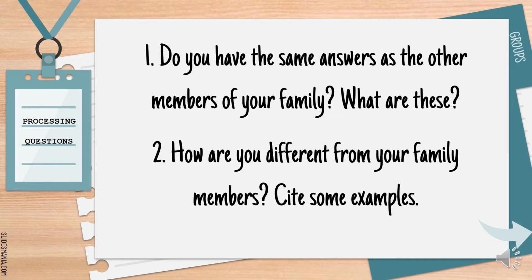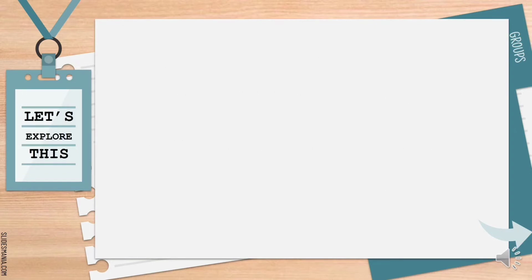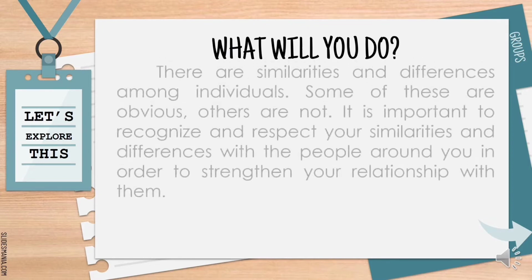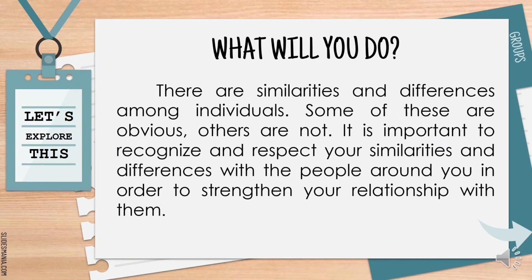Once you're already done with our activity under Let's Try This, let's proceed to our next activity. The suggested time allotment is 25 minutes, and the title of this activity is What Will You Do? There are similarities and differences among individuals.